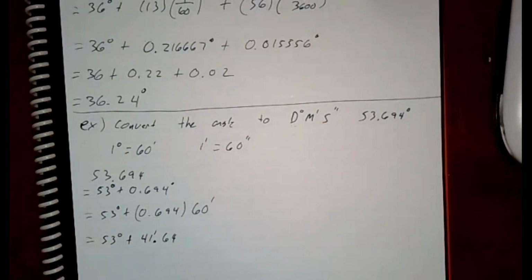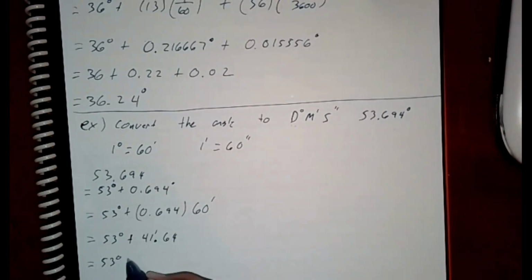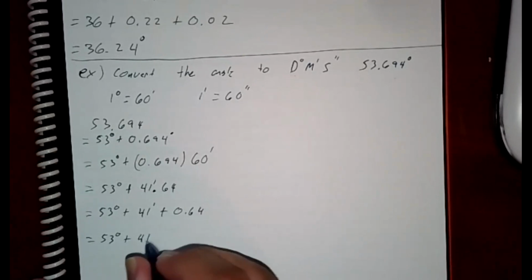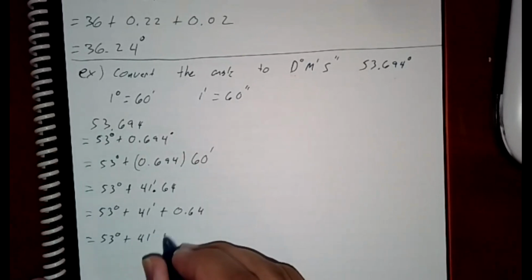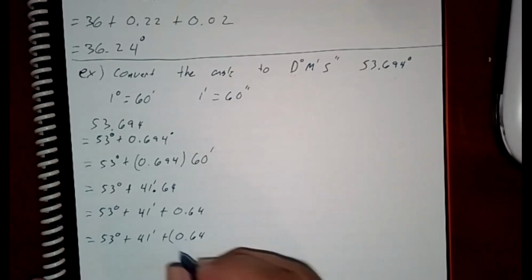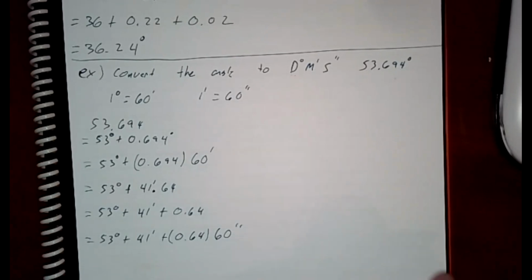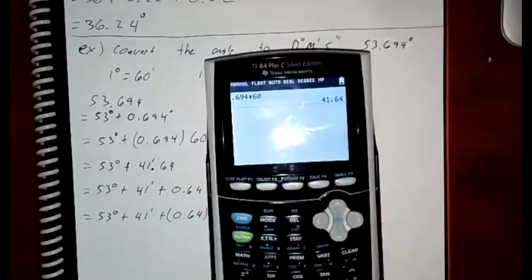So now we're going to take off this decimal and convert that piece as 41 minutes plus 0.64. So multiply that decimal times 60 seconds. It's the same deal. 0.64 times 60.